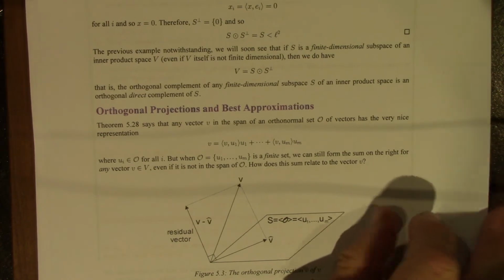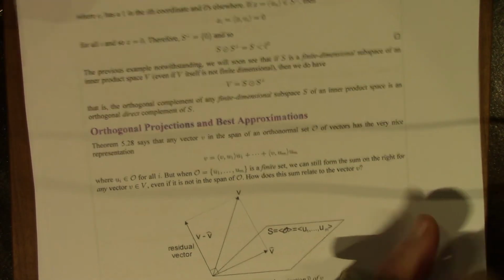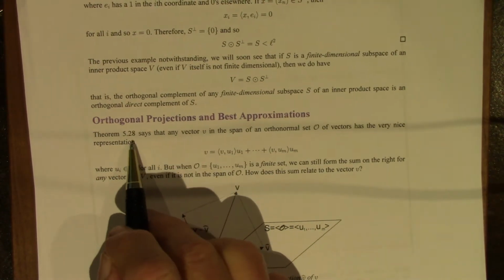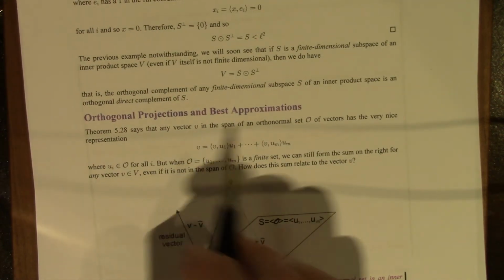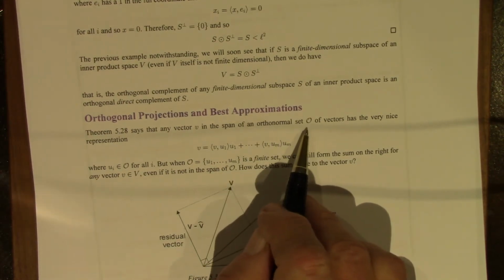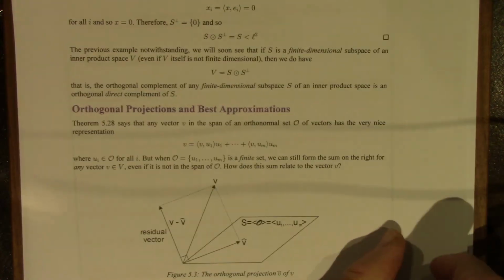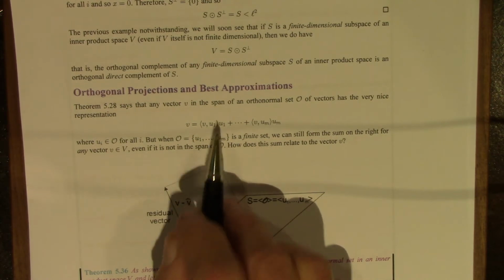An earlier theorem, one that we discussed last time, Theorem 5.28, says that any vector V in the span of an orthonormal set O of vectors, in an inner product space, has a very nice representation.